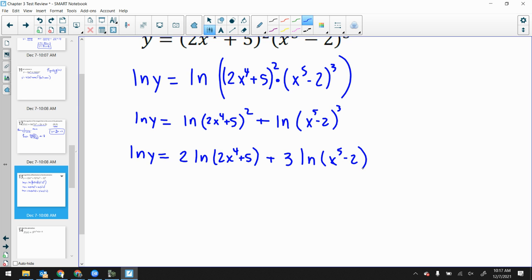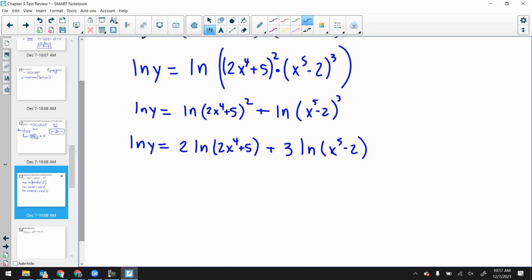Remember, on the left side, I am taking the derivative with respect to x. So this becomes 1 over y prime, right? Because the derivative of ln is 1 over that thing times the derivative of the inside. Well, what is the derivative of y? Y prime.